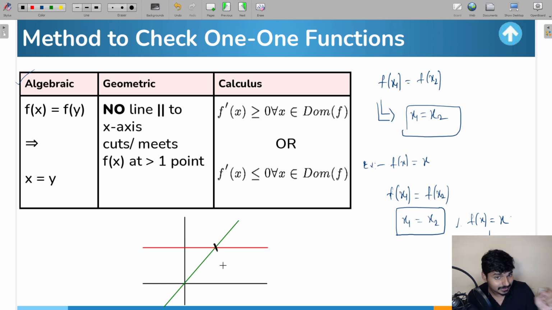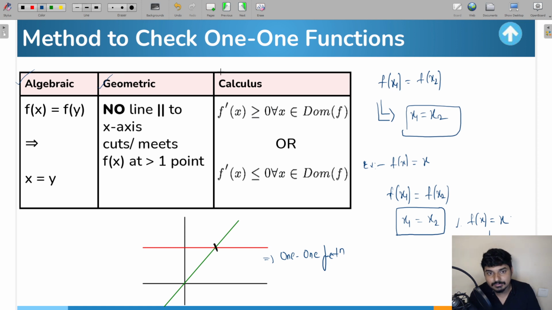What does that mean? As I told you, if it is going to intersect at only one single point, that simply indicates that the function is going to be a 1, 1 function. So here, through the geometric method also, we can conclude the same thing, that the function is simply going to be a 1, 1 function. So I hope the geometric method is clear for everyone.